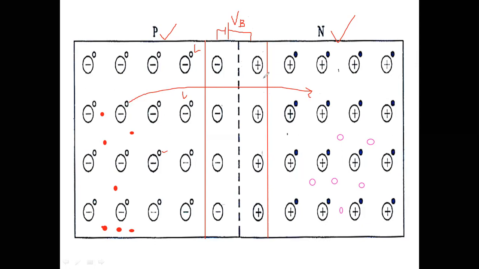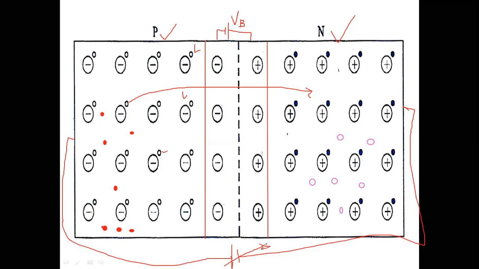If I give an external voltage, positive, negative like this, such that the voltage I am applying is greater than the internal barrier potential, then electrons will move from the n side to the p side.